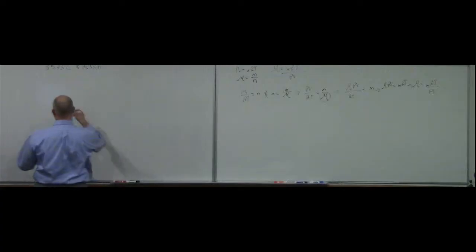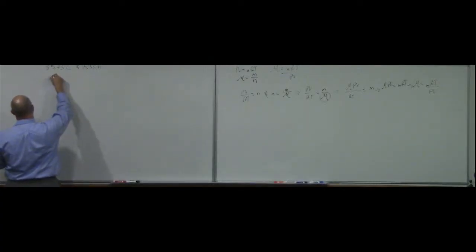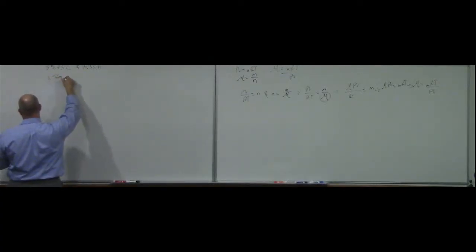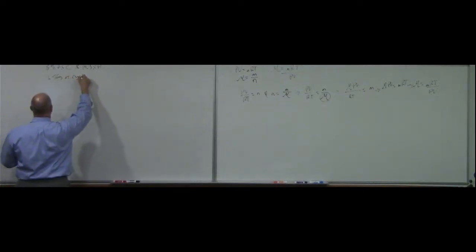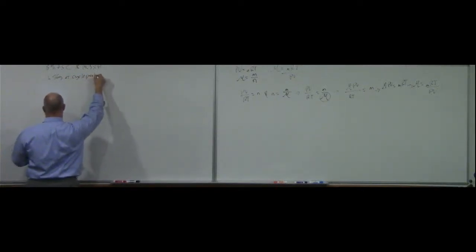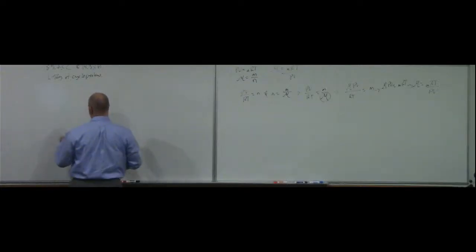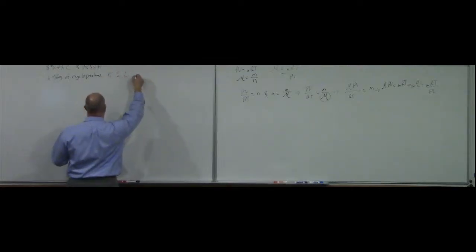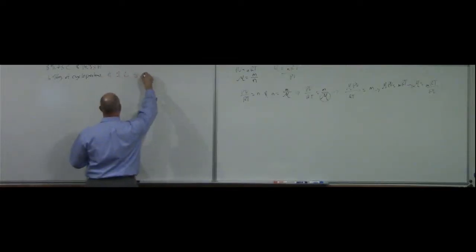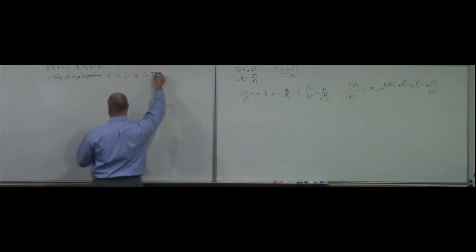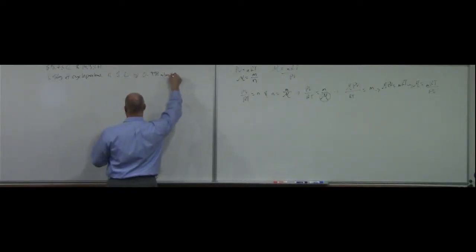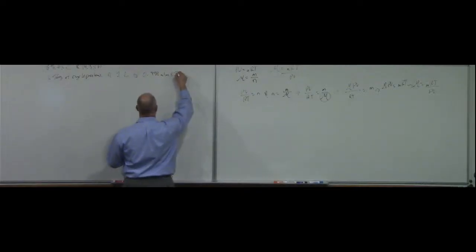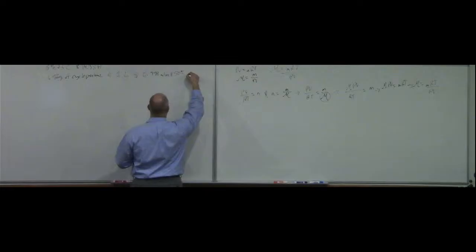And if 1.56 grams of cyclopentane occupies a volume of 1 liter at 0.984 atmospheres and 50 degrees centigrade, what is the molecular formula?